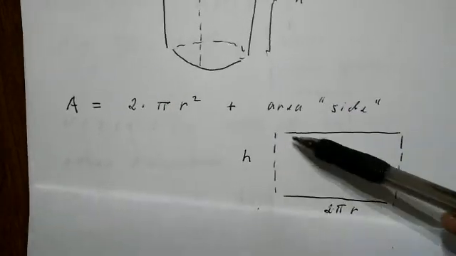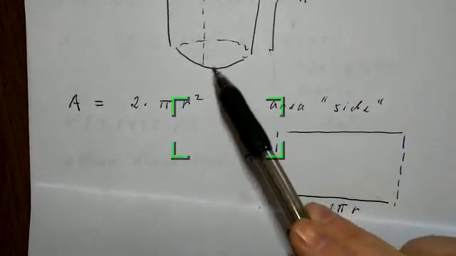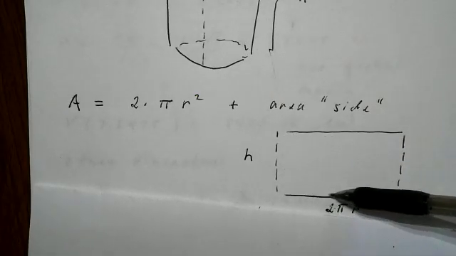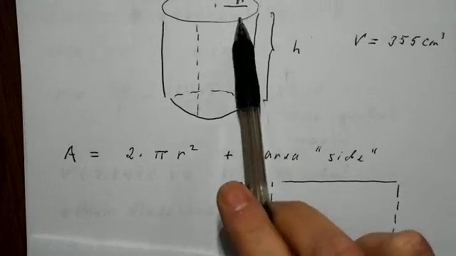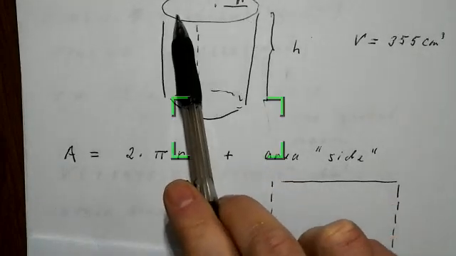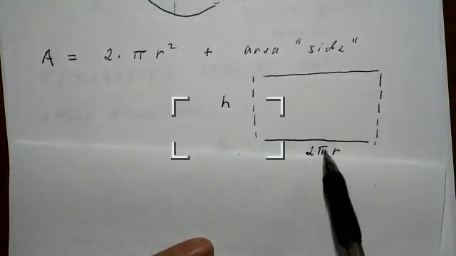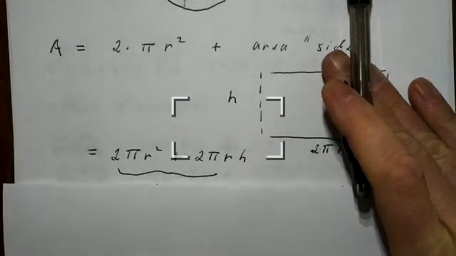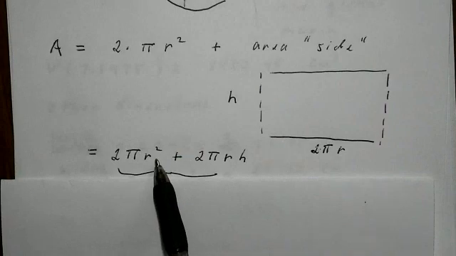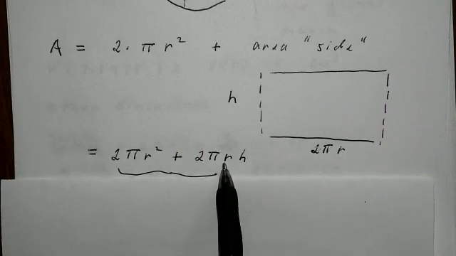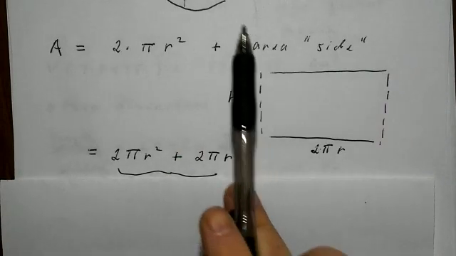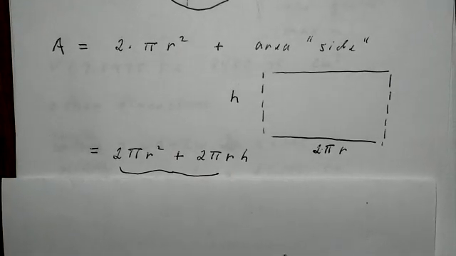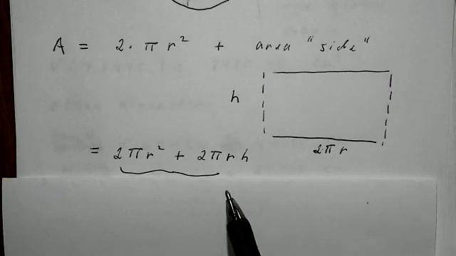The height of this rectangle, the rectangle is what we get by laying the side down flat, would be h, and the length would be the length around the top of the can. That would be the circumference, 2 pi r. So that means that the total area is equal to 2 pi r squared plus 2 pi r times h. r is the radius and h is the height of our can. Again, it's r and h that we're trying to figure out.